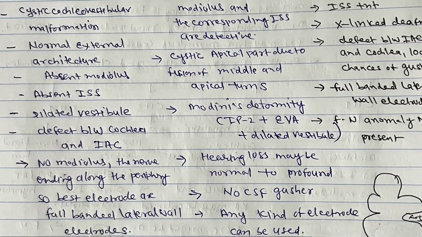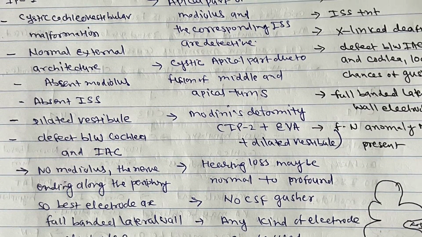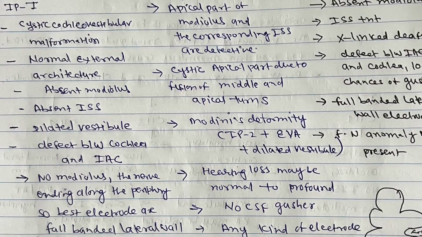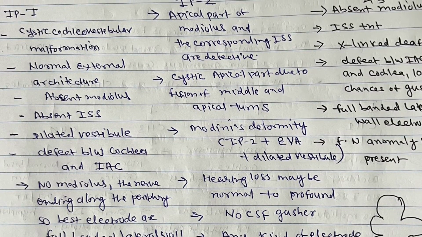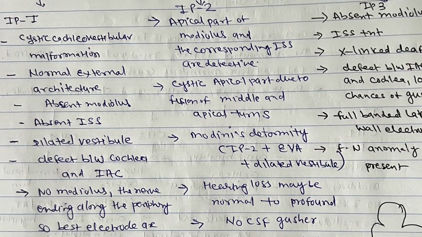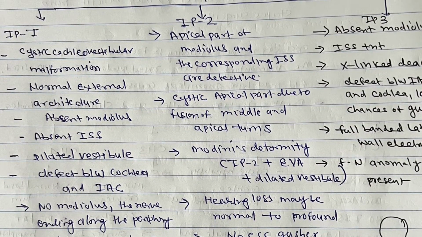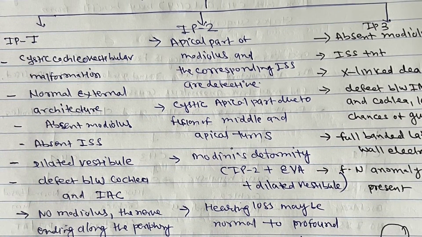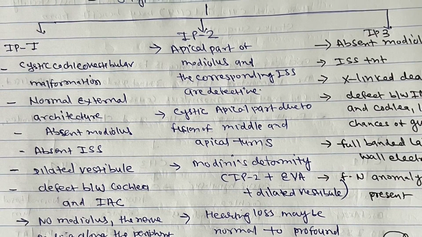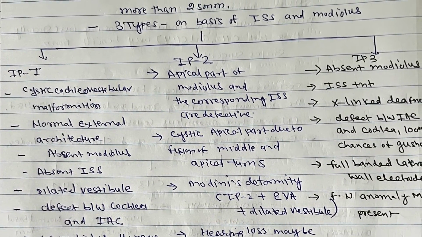Now, incomplete partitions. In this group of anomalies the differentiation between cochlea and vestibule is clear-cut, and the differentiating feature from cochlear hypoplasia is that in incomplete partition the cochlea is normal in length and may be larger, more than 25 mm.